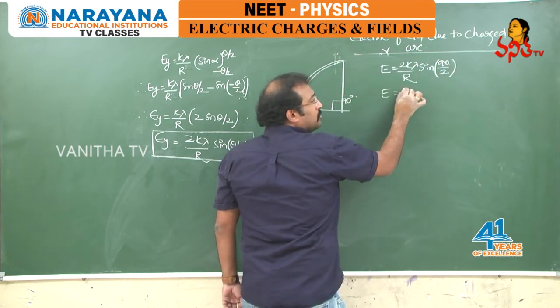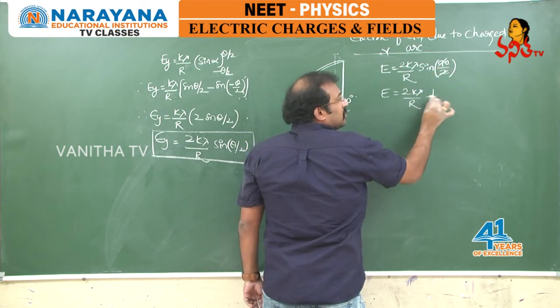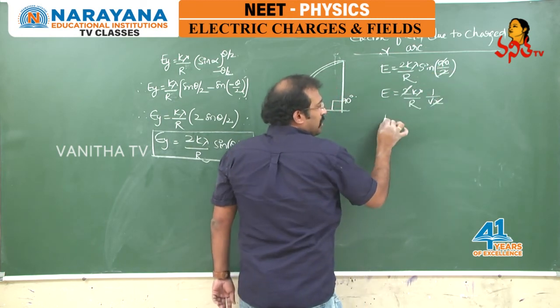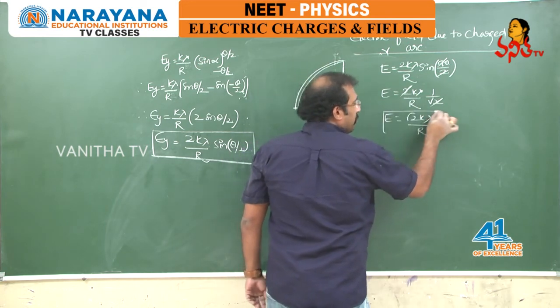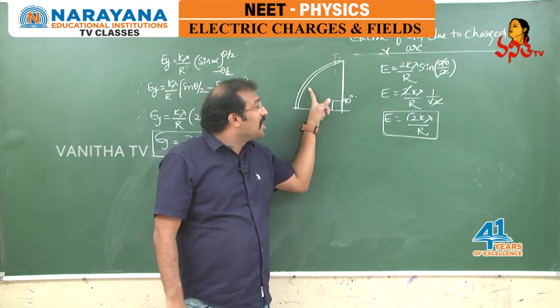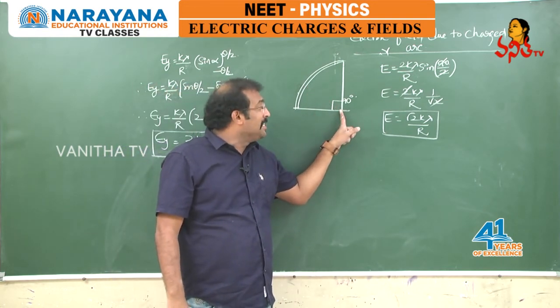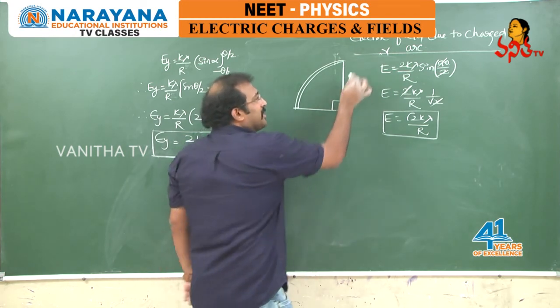This is 45 degrees, sin 45 is 1 by root 2. So E is equal to root 2 kλ by r. This is the electric field due to a charged arc which is making an angle of 90 degrees at the center. This is the first case.